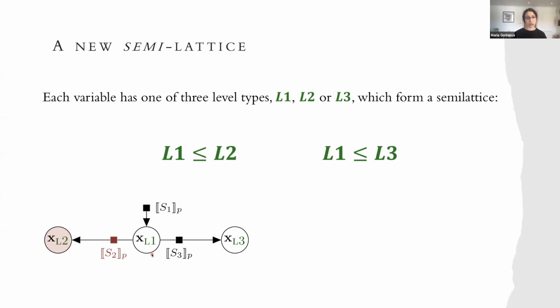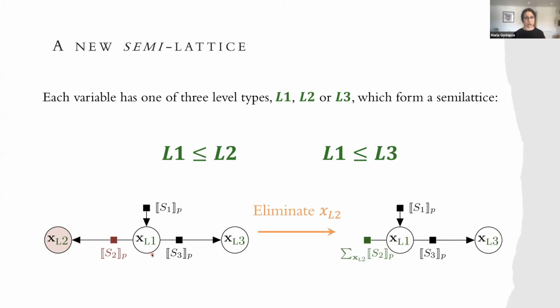So we can essentially eliminate these variables that are of level L2 without thinking about variables at level L3.